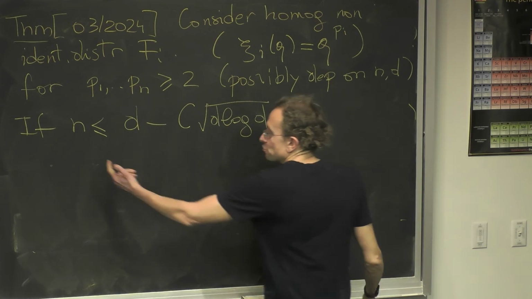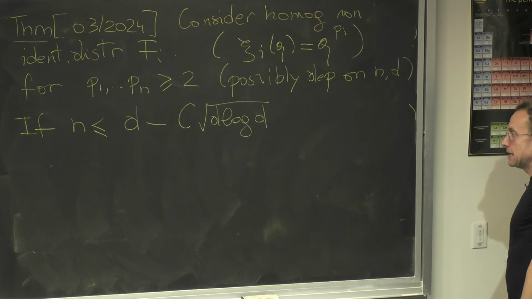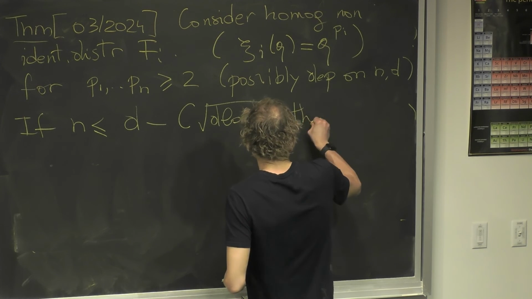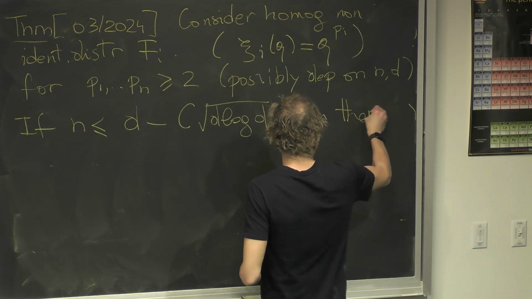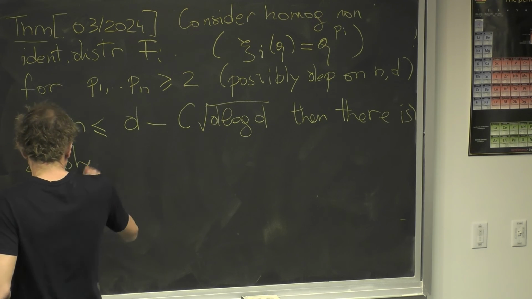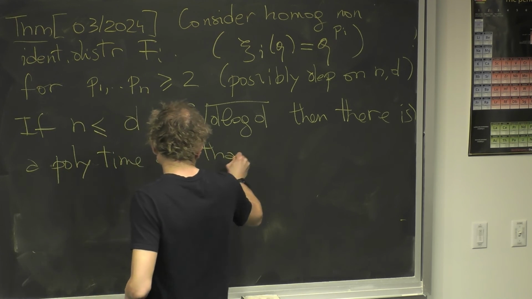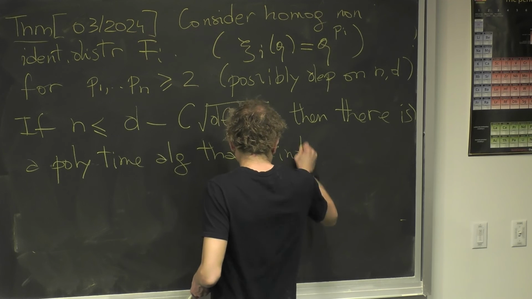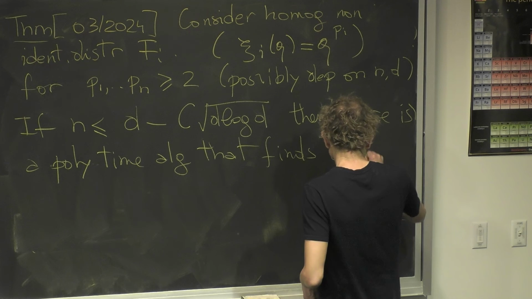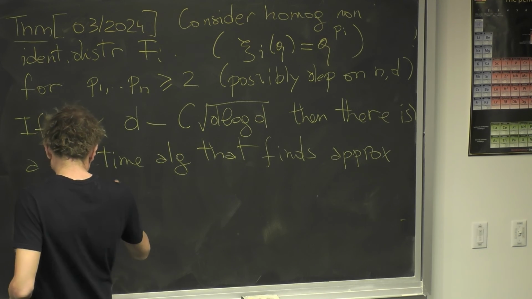The ideal thing would be n equal d minus 1, but we need an extra square root of d factor.